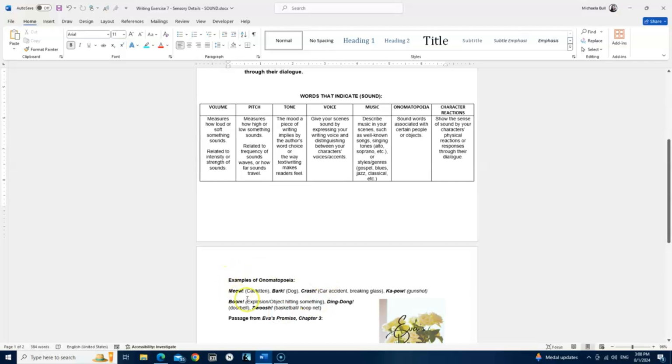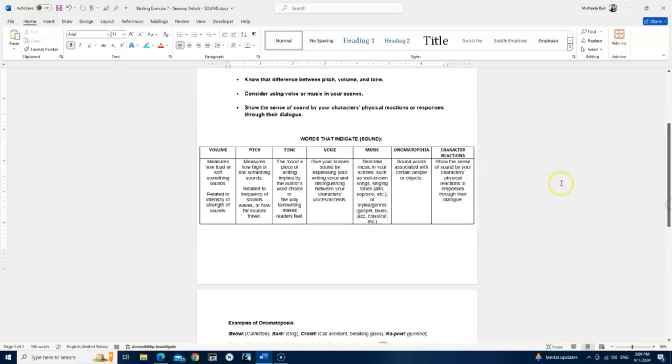All of these are just some examples of onomatopoeia, and something that I would actually like to include in my writing more, instead of just showing the sense of sound through the actual narrative of the story. It can really be a good way to show the sense of sound by using onomatopoeia in your descriptions.